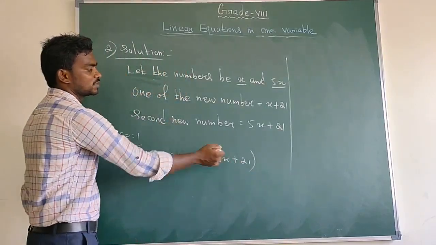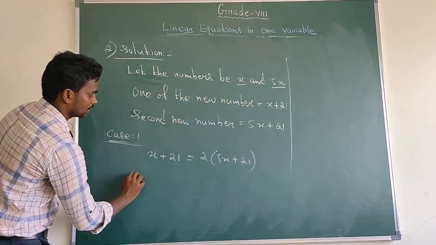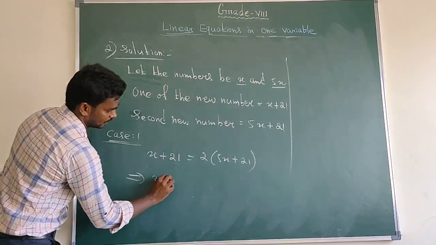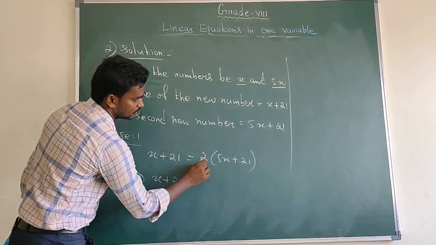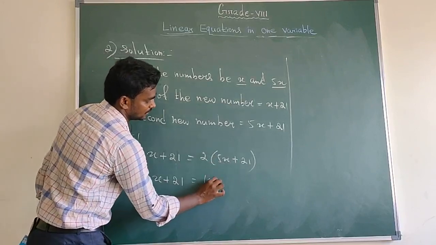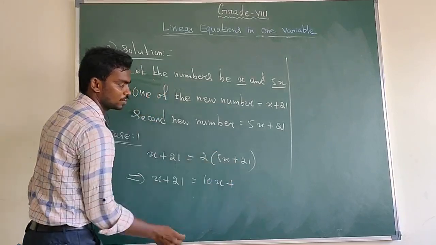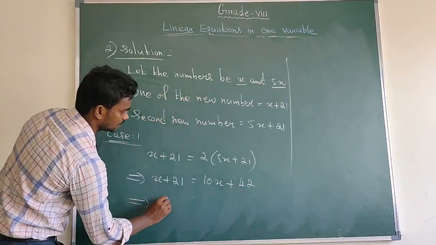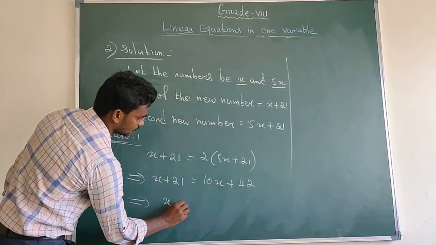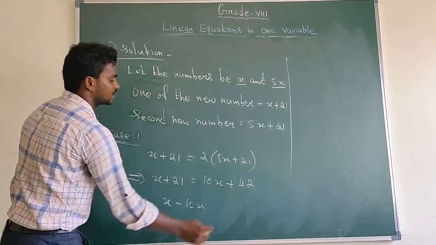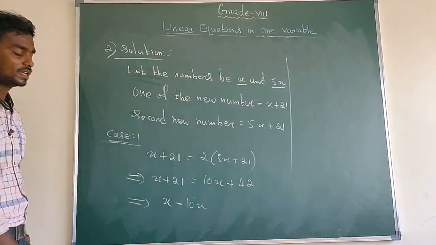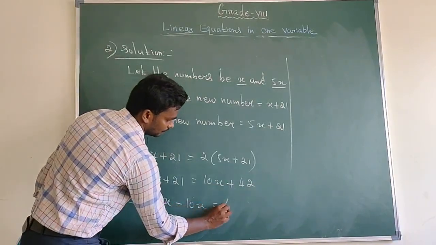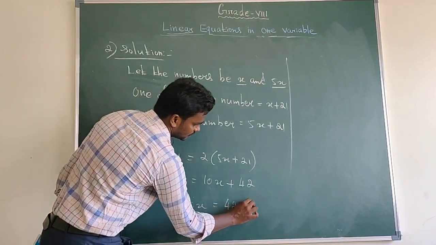So second number we can multiply by 2, which implies x plus 21 is equal to 2 into 5x plus 21, that is 10x plus 2 into 21, it is 42. So implies that x minus 10x, that means right side 10x is transferred to the left side, is minus 10x is equal to 42 minus 21.